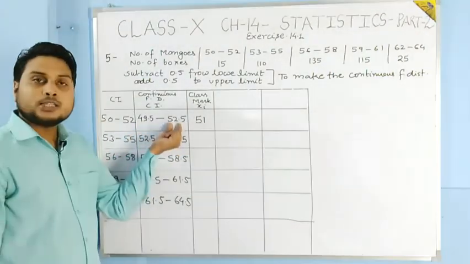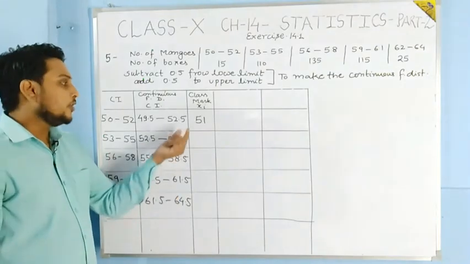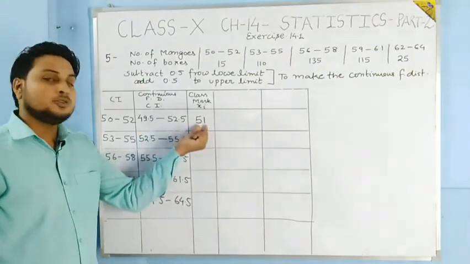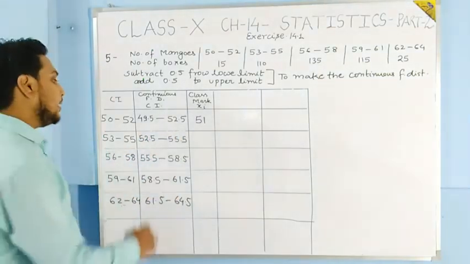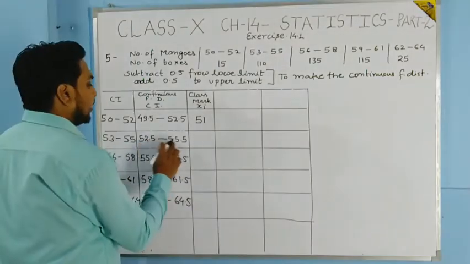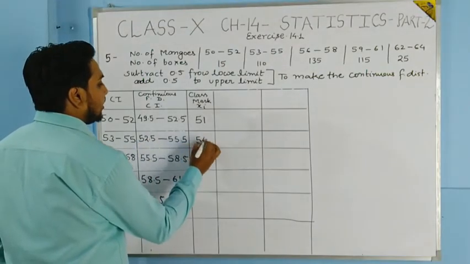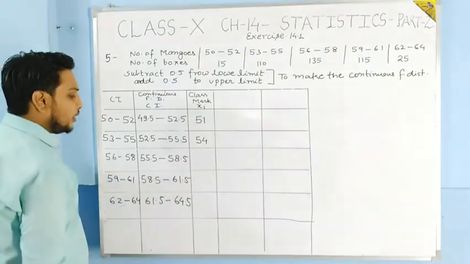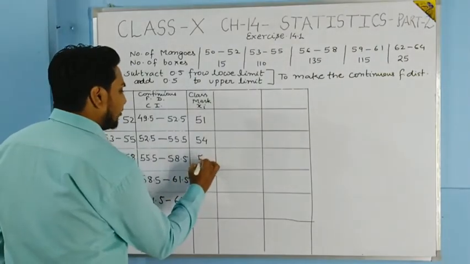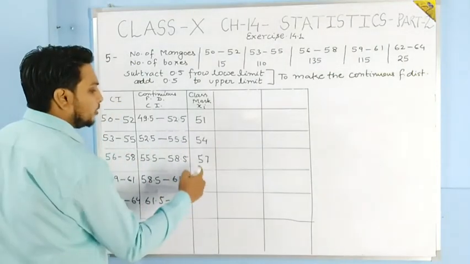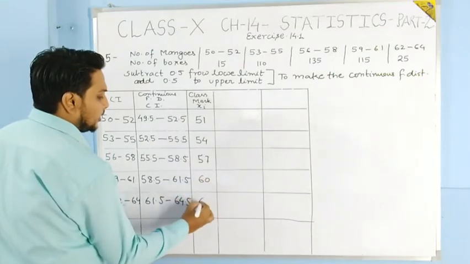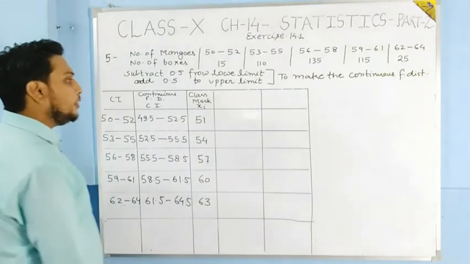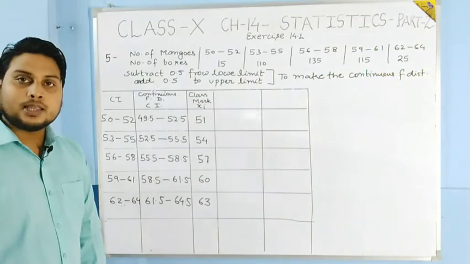You have to add these two and divide by 2. So you will get 51, and like this you will get 54 as class mark, then 57, then 60 and 63. This is how you will find the class mark xi.